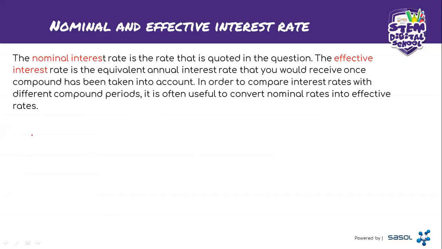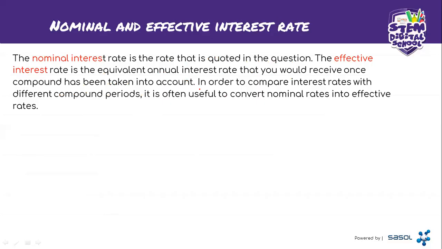The nominal interest rate is the rate that is quoted in the question. The effective interest rate is the equivalent annual interest rate that you will receive once compounding has been taken into account.